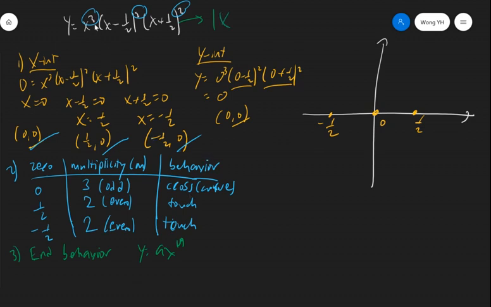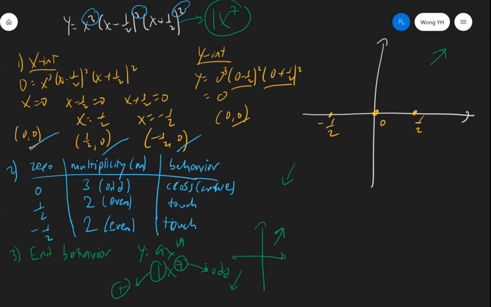Here is 3, here is 2, here is 2. So 3 plus 2 plus 2 gives 7, so it's 1 x to the 7. Your a is positive, but n is not even, because 7 is an odd number, so you have to analyze properly. So we show that it's down and up.